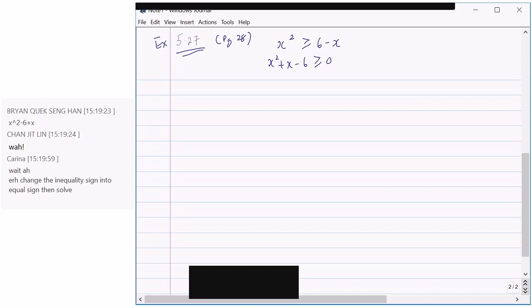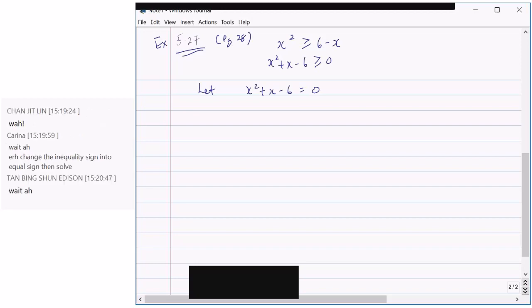Okay, nice. So let the inequality sign be an equal sign and solve like a normal quadratic equation. Excellent. Can somebody factorize for me? Edison, can you factorize this for me and solve the equation? What are the two factors? Okay.